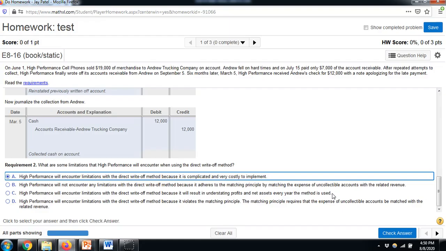I don't quite agree with that, because in the year that you actually take the bad debt expense, you're going to be understating the profits for that year. I agree with that. But in the previous year, since you didn't account for that bad debt, you're actually overstating the profits in that year. So I don't agree with C. So let's see what D has to say.